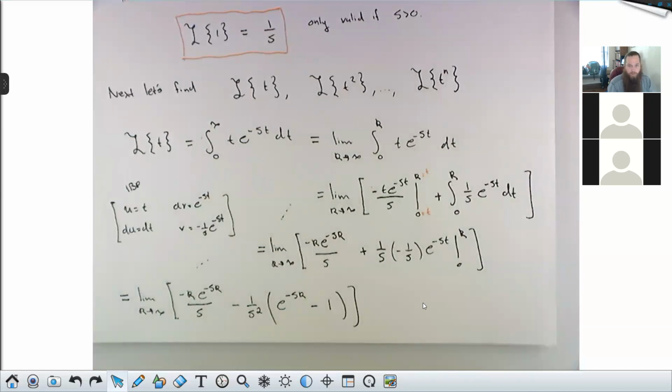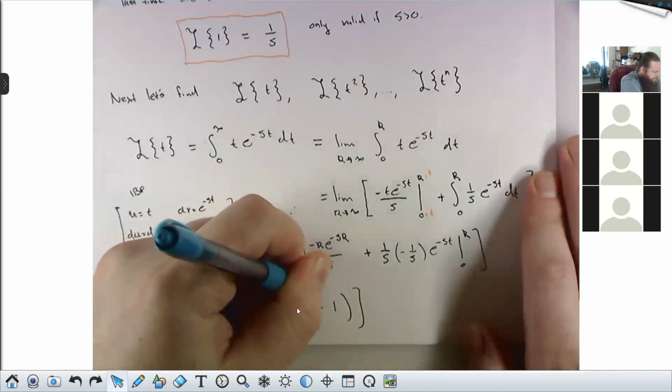So we've got some limits to manage. This is sort of the easiest limit here to manage. What is e to the negative sr doing as r gets bigger and bigger and bigger? Zero. Yeah, as long as s is positive.